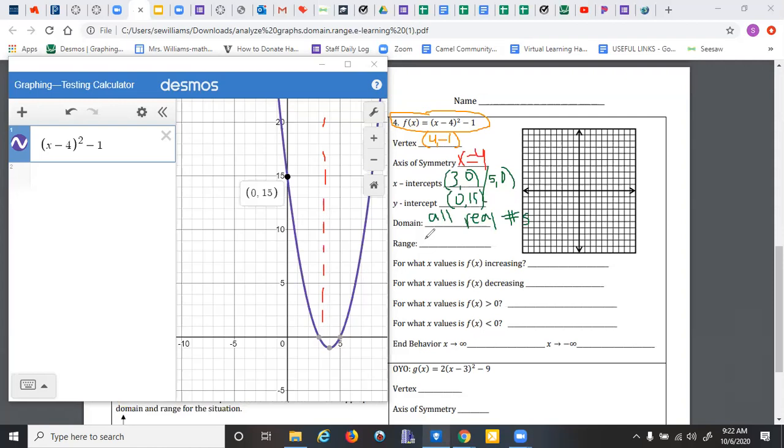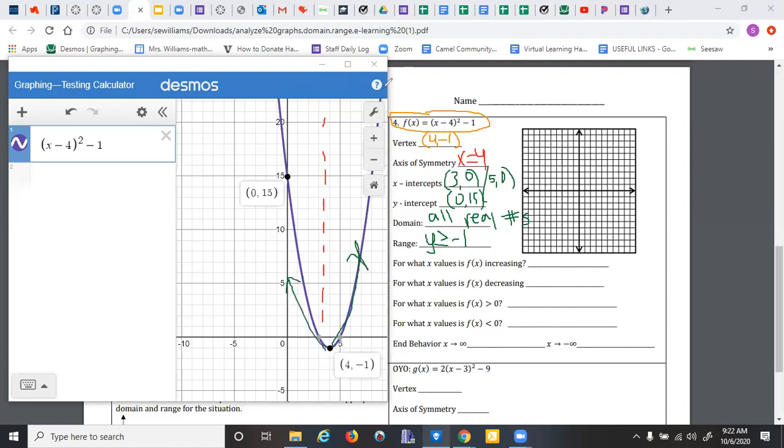Come on, guys. Y. Thank you, Samuel. And you look at your vertex. The y value is -1. Is this one greater than or equal to or less than or equal to -1? Greater than or equal to, because the y values are bigger than -1.